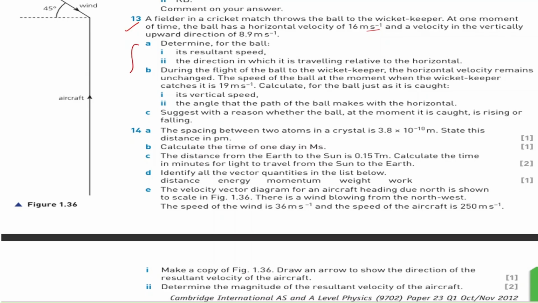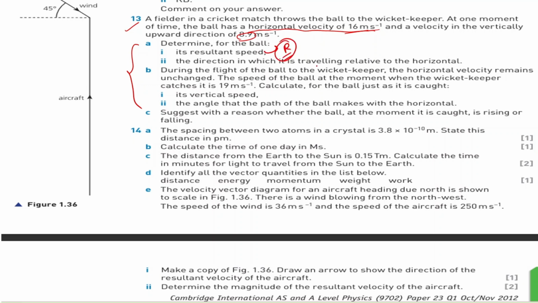The question is divided into three sections A, B, and C. First section: determine for the ball its resultant speed. Now we have been given a horizontal velocity of 60 meters per second and a vertical upward velocity of 8.9 meters per second. Now we have to find the resultant speed.